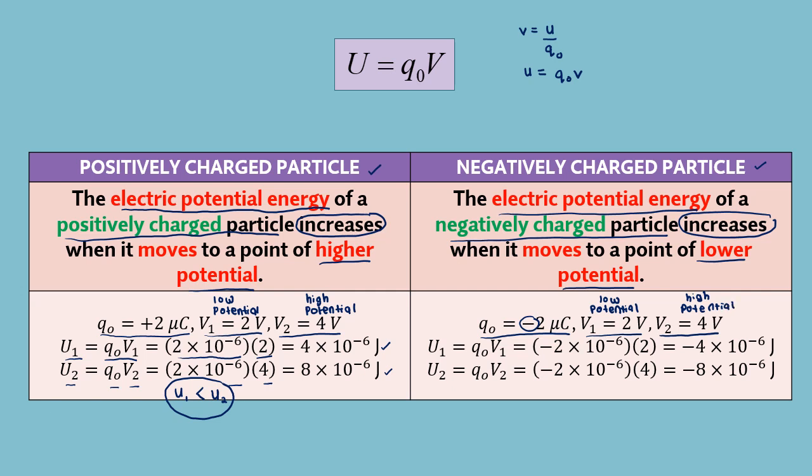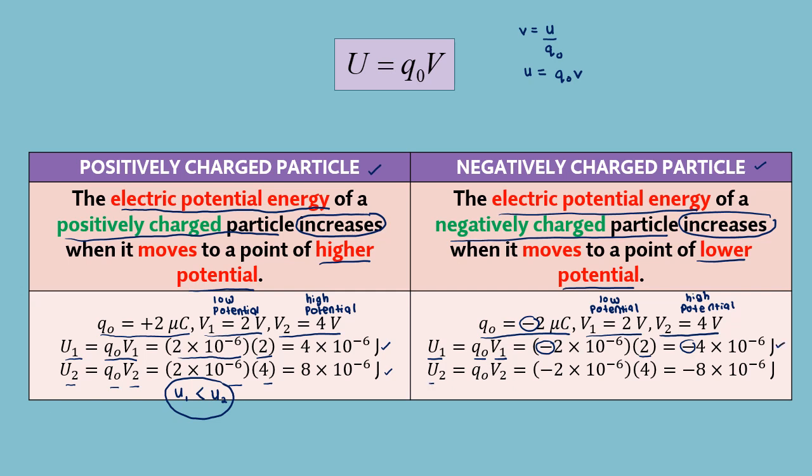Same as the positively charged particle just now. So we substitute with U1 equals Q naught V1. We substitute with negative 2 times 10 to the power of negative 6, and we multiply with the low potential, V1 is 2 volt. We get negative 4 power of negative 6 joule.